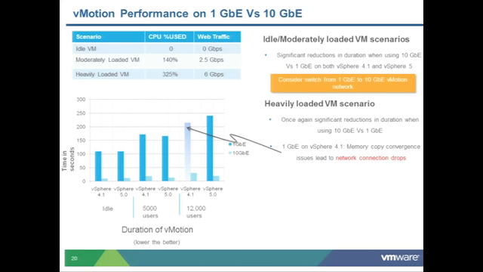So what happened? We had to actually suspend the VM, copy all the dirty pages, and then do the switchover. So obviously the vMotion completed, but it had some impact on the performance. We've seen some network connection drops and so on.